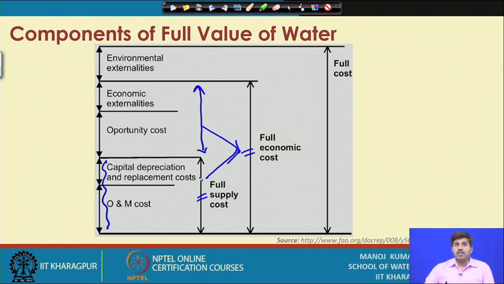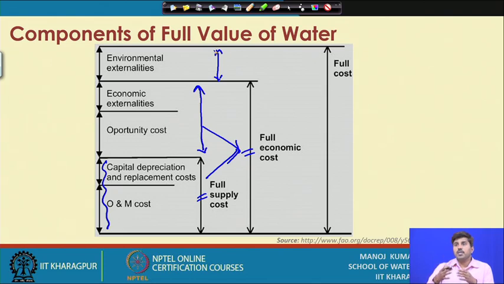If environmental externalities are added to that, in the form of the impact on the environment or the benefit to the environment, then economic and environmental externalities are the two forms of externalities, which could be either positive or negative, because the impact of a utility or a service can be positive or negative on the environment.